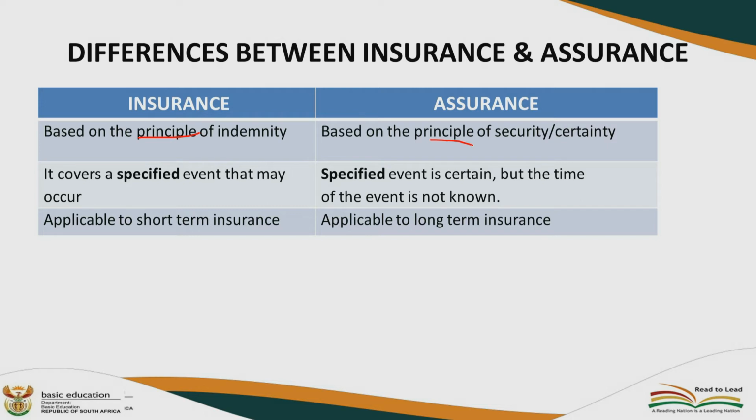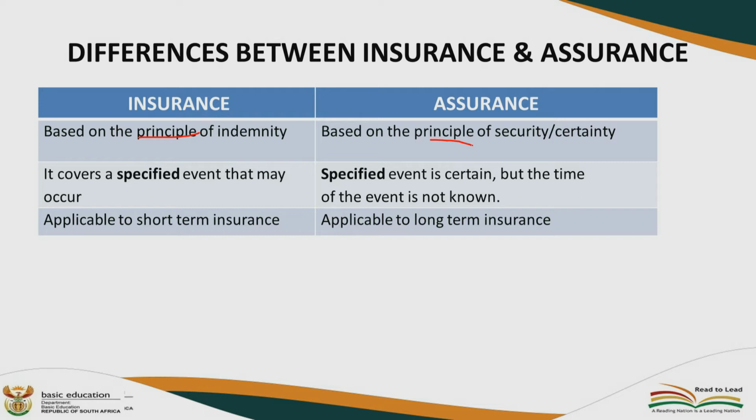Remember, I did mention earlier on, when I was defining the meaning of insurance, indemnity. What does indemnity mean? Pay back or compensate, make good. So under insurance, if fire or theft occurs, that is specified in an insurance contract, the insurer will pay back.